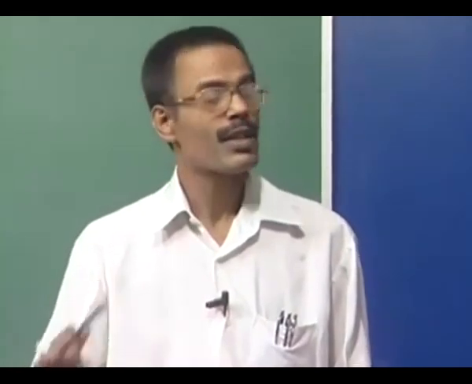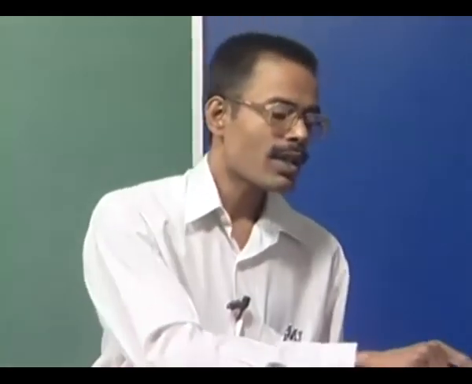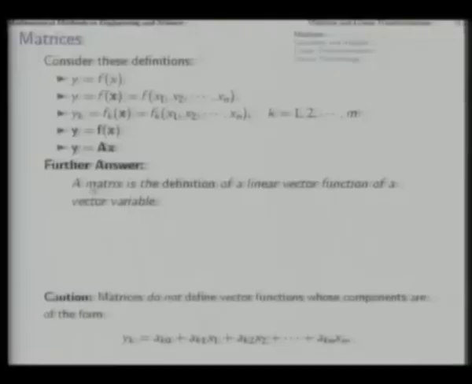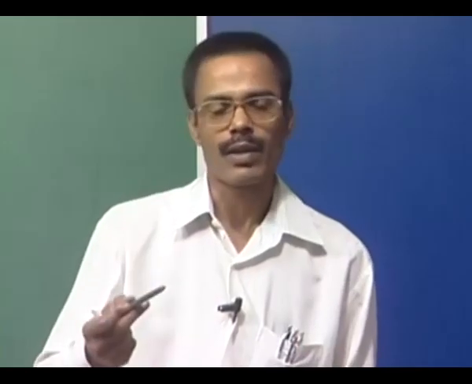Now, this gives us one definition, that is one meaning of the word matrix in applied mathematics. A matrix is the definition of a linear vector function of a vector variable. The vector variable is x and y is a function of that. What kind of function? Linear vector function.